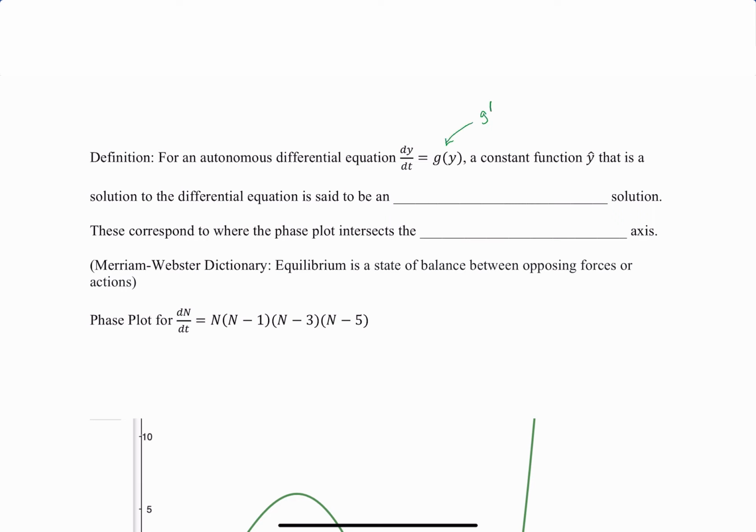G of y just means that the right-hand side, so I'm going to say stuff, with y's and constants, but no t's. So this is just a way of describing an autonomous differential equation to say on the right-hand side you've got some stuff with the dependent variable and constants, regular numbers, but not the independent variable.